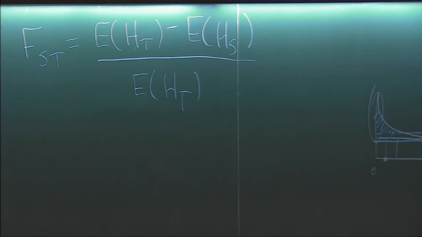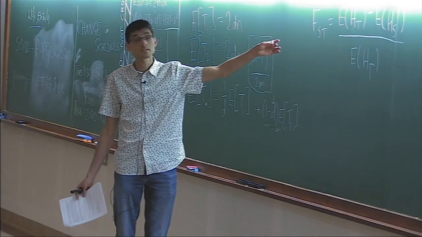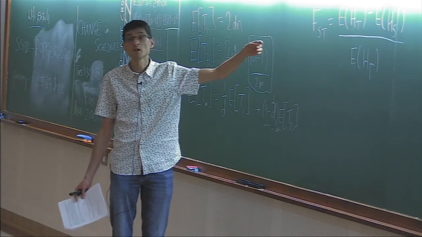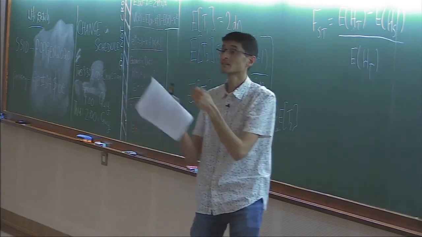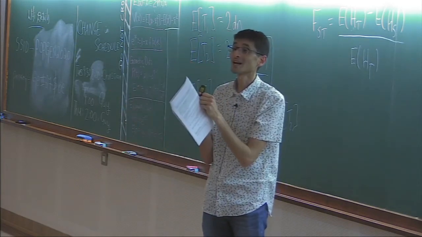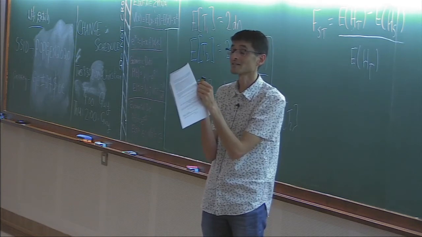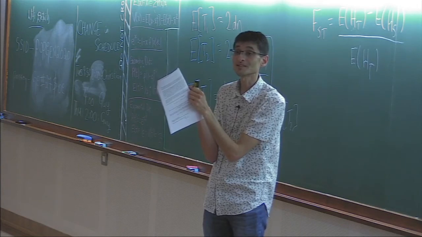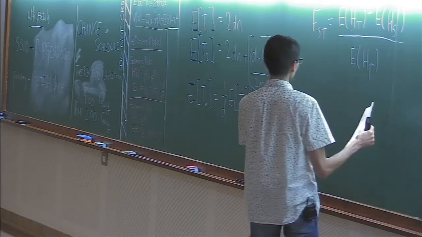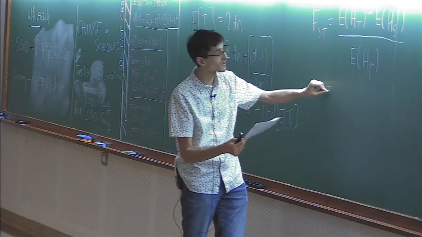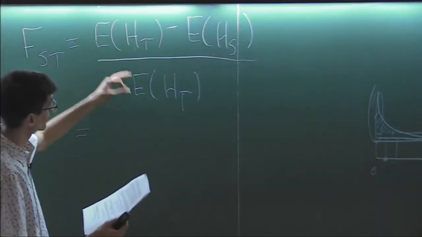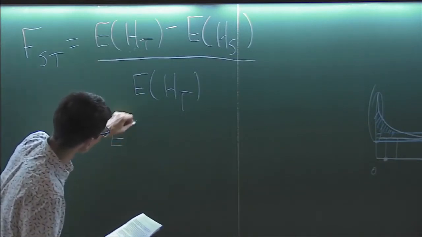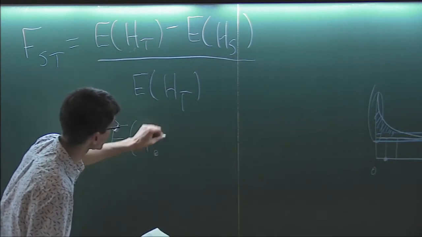But we can also look at this from a coalescent perspective, because remember, the heterozygosity of two alleles, how different two sites will be, depends on the coalescent time. It's just proportional to the coalescent time. So from the coalescent perspective, you can think of heterozygosity as two alleles sampled from anywhere.